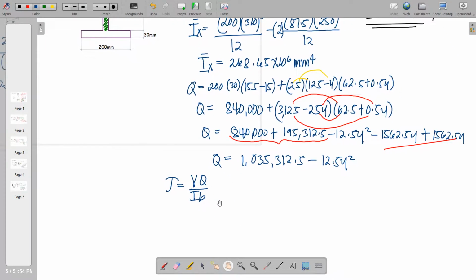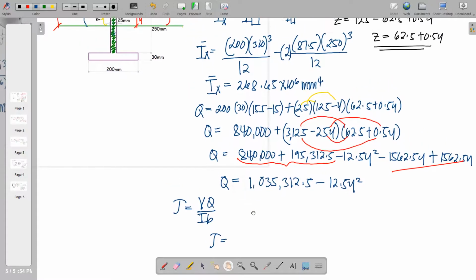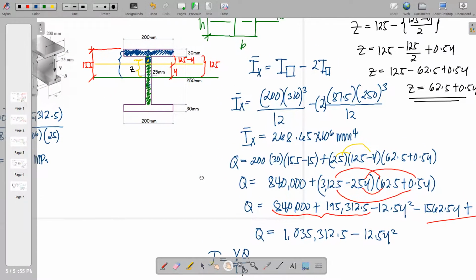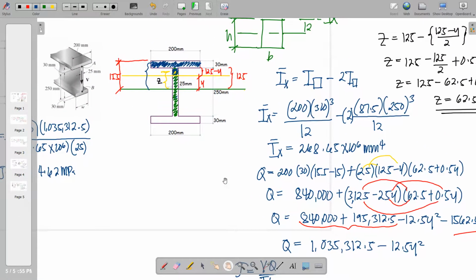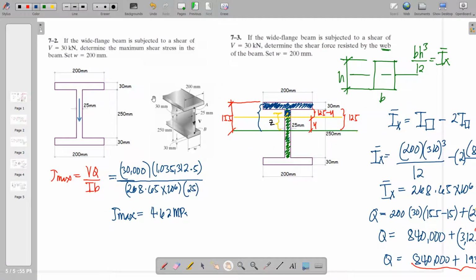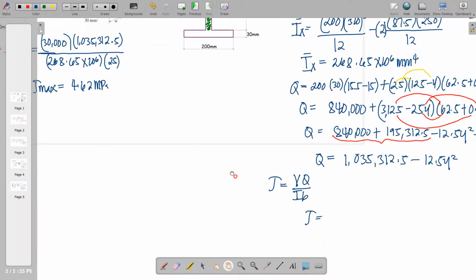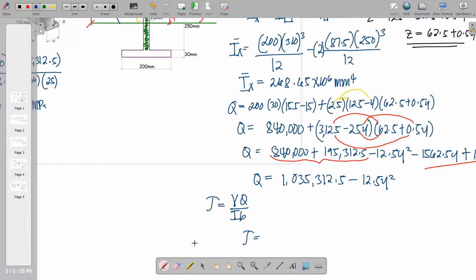So when we are going to substitute that one, you can see here now that tau is equal to our V is set to be 30, okay, 30 kilonewton, or it is 30,000.